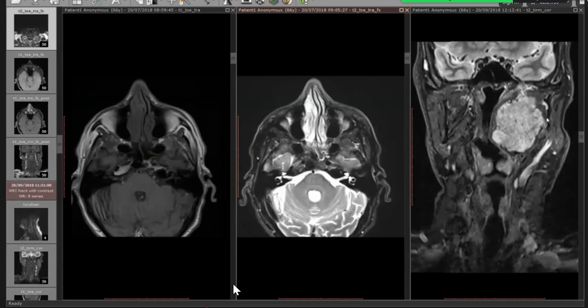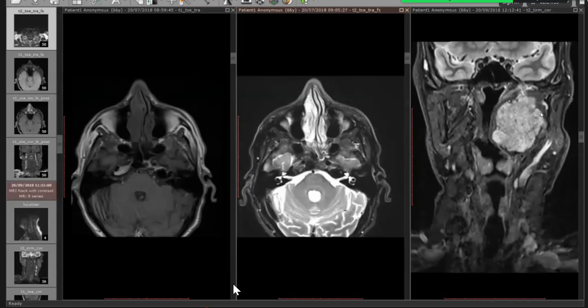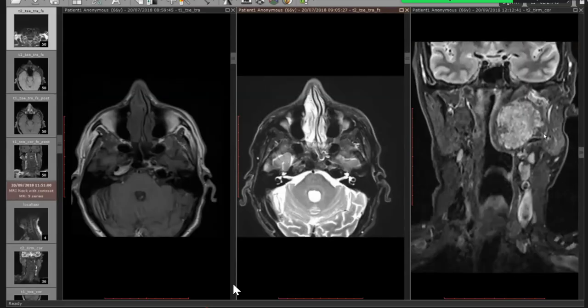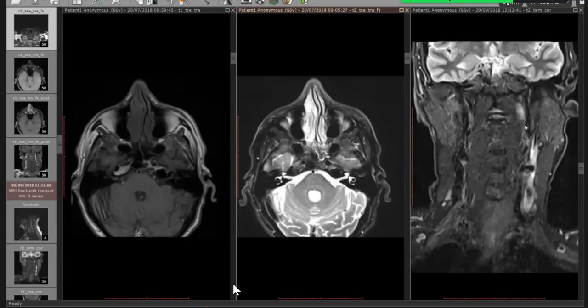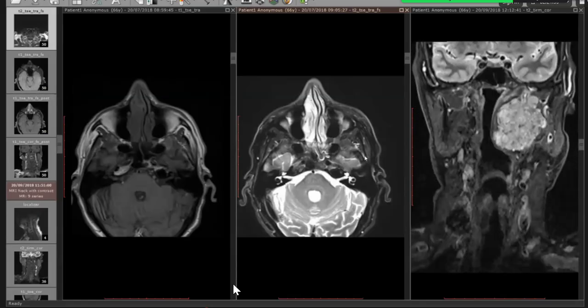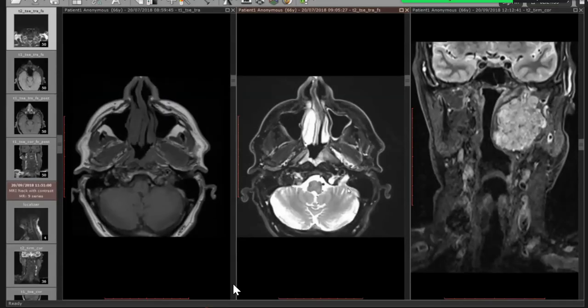It's extending all the way to the medial aspect of the ramus of the mandible with non-visualization or poor visualization of the masticator muscles on the medial aspect of the mandible. The nasopharynx is displaced laterally, and the parapharyngeal space, as we saw earlier on the T1.